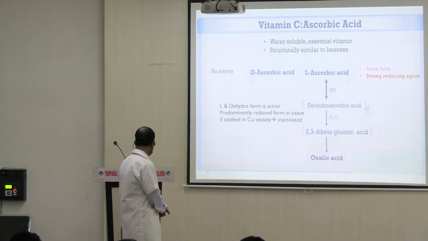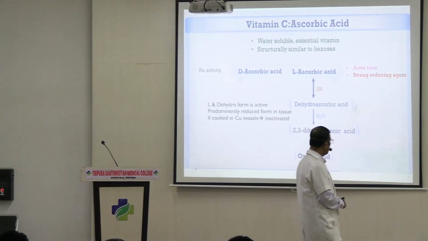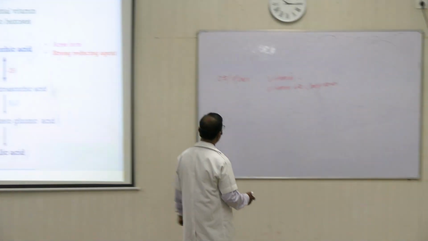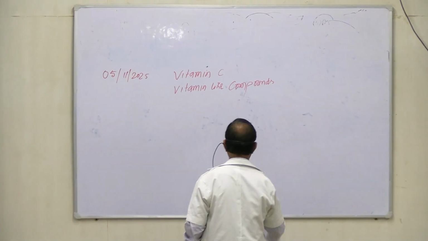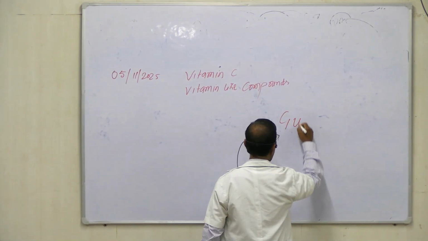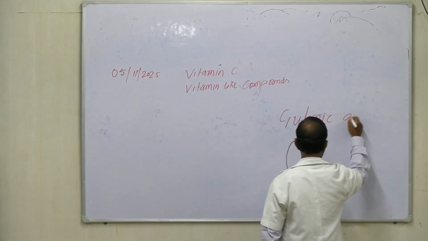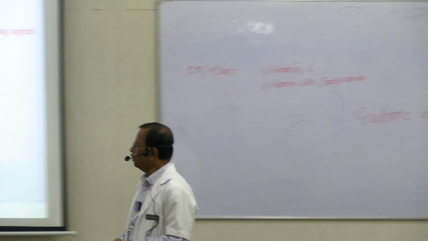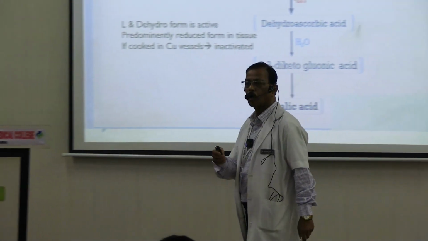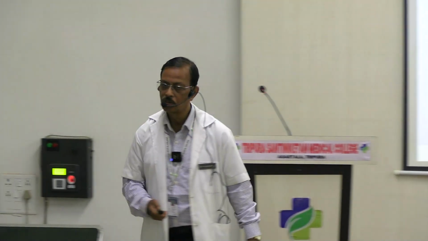In this form also it is excreted, and also excreted as ascorbic acid. So you have to ask whether he is taking any sour things such as food in plenty or not.